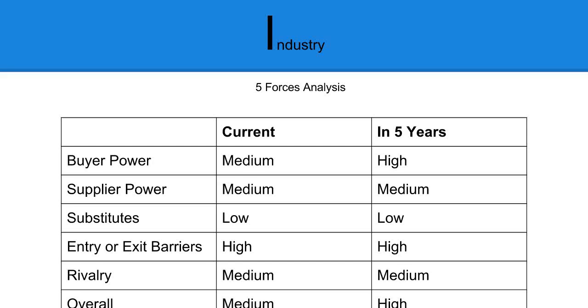And then the rivalry: as I previously stated, it's hard to come into this industry. Because this is a complex industry and requires a substantial amount of capability, it's hard for other companies to come in and make their claim in this industry.